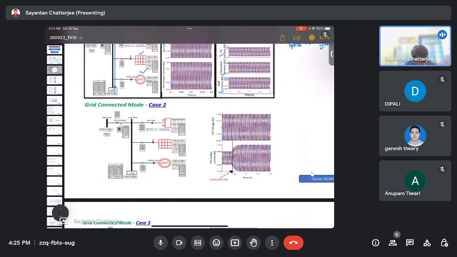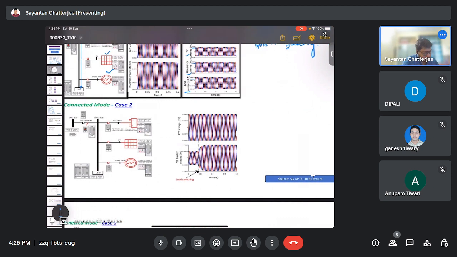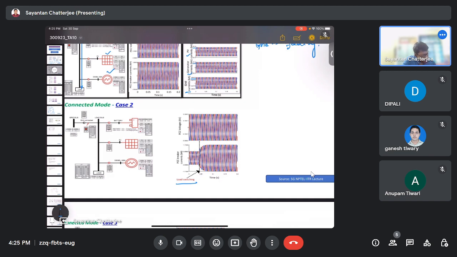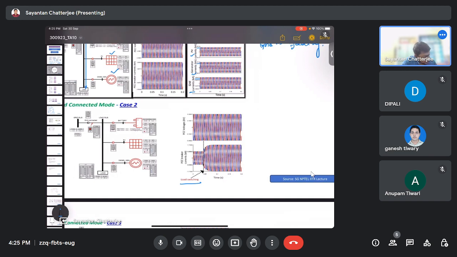In the second case, there are no DERs in the system, but some load switching has been done at this point of time. Based on this load switching, these are the point of common coupling voltages and these are the PCC breaker currents. We can observe a steady rise in the current.